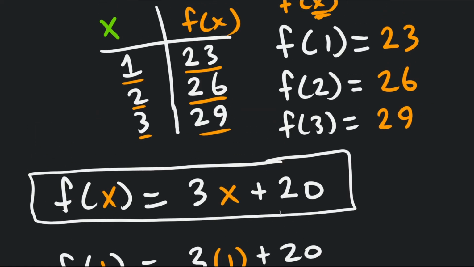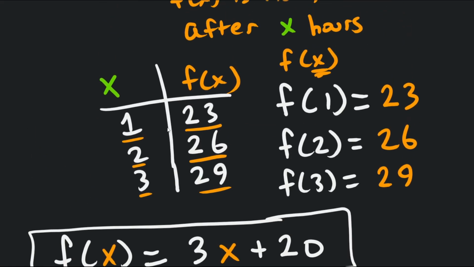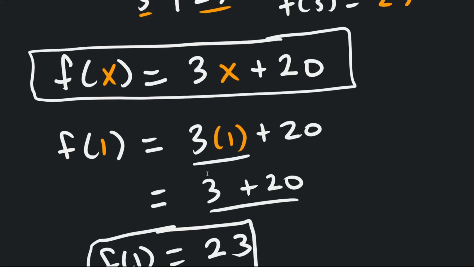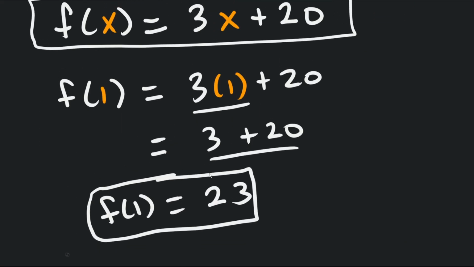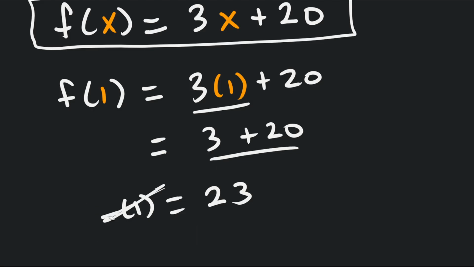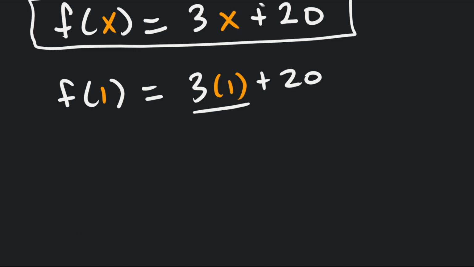Okay, f of 1 equals 23, and that's what we had on our table. Let's find something that we don't have on our table. Let's find f of 5. We don't have 5 in the x column, so let's go ahead and find that. So f of 5 equals 3x plus 20, so 3 times 5 plus 20.